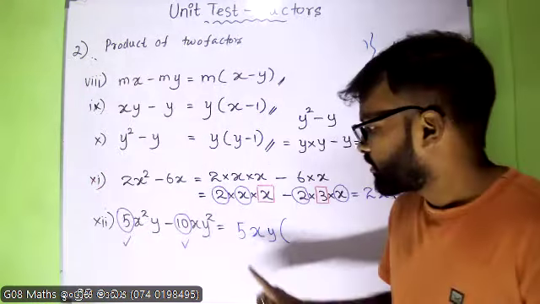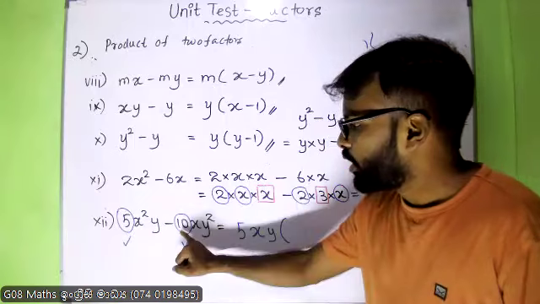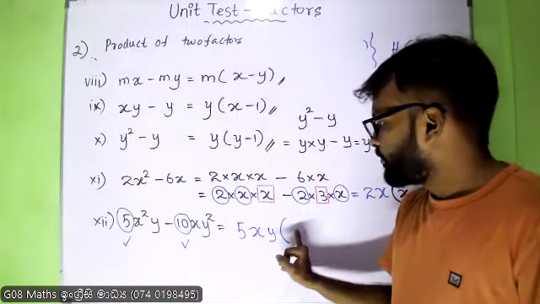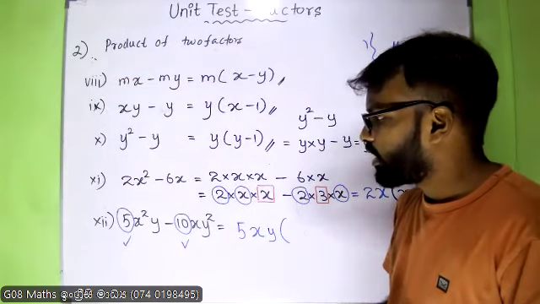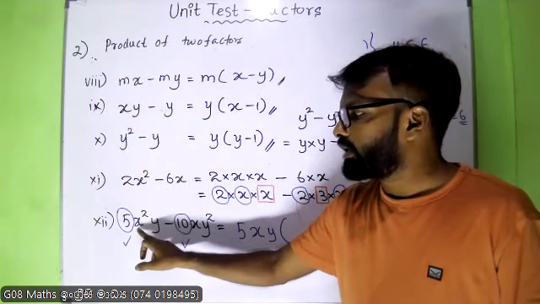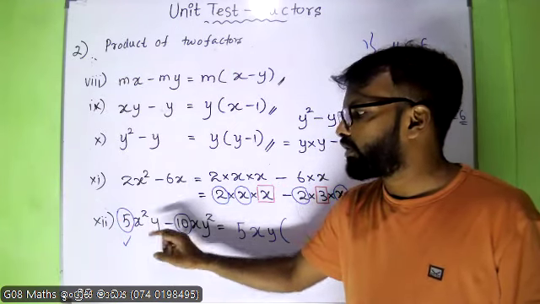Right? Here you have 5. Here you have 10. You are going to take 5 out. The first thing that you have to write is 5. If you take 5 out, the remaining terms are x to the power 2 and y.